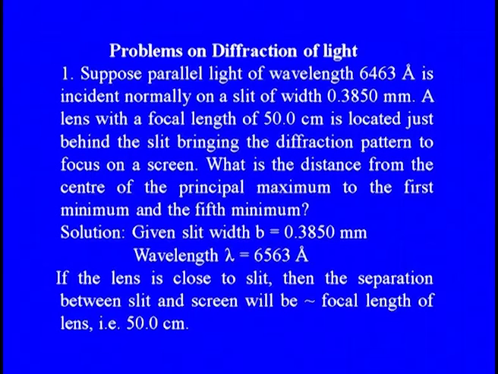In this problem, slit width b is equal to 0.3850 millimeter and the wavelength of light lambda is equal to 6463 angstrom. If the lens is close to slit, then the separation between the slit and the screen will be equal to focal length of the lens, that is 50 centimeter.